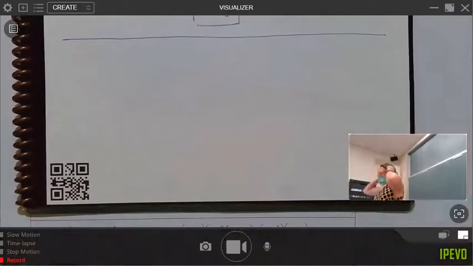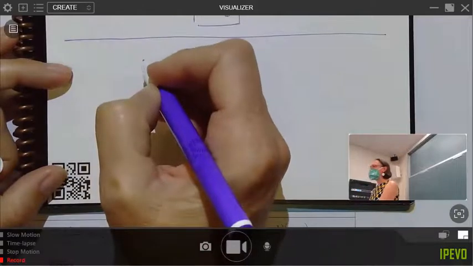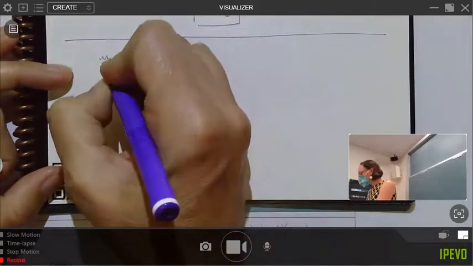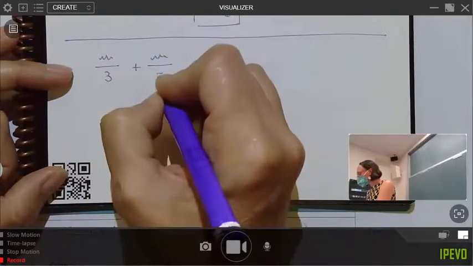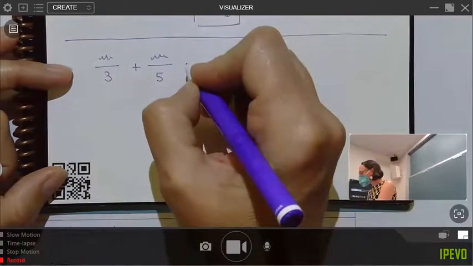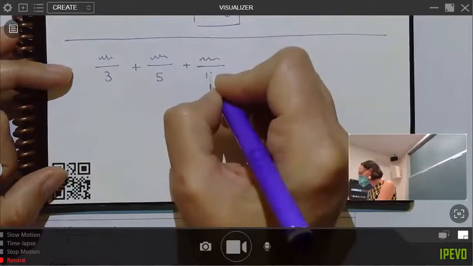So the truth is that usually there are lots of correct choices for a common denominator, but let's just talk through some strategies for dealing with it. I'm not going to worry about what my numerators are. If I had some stuff over 3 plus some stuff over 5, plus some stuff over 10.